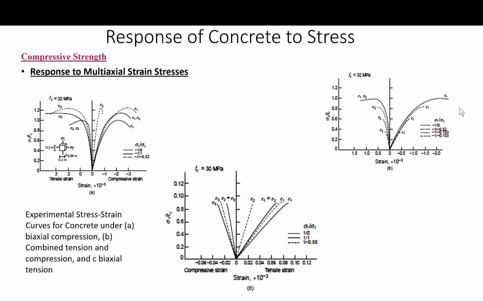From the biaxial strength envelope of the concrete, it can be seen that the strength of concrete under biaxial tension is approximately equal to the uniaxial tension case, as you can see here. So in this case, there is no change when we have uniaxial tension or biaxial tension.